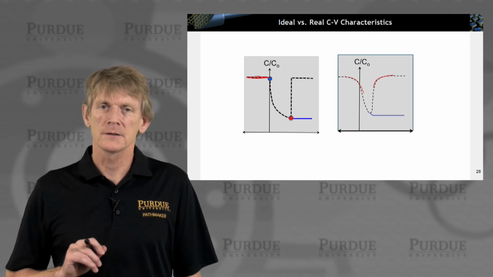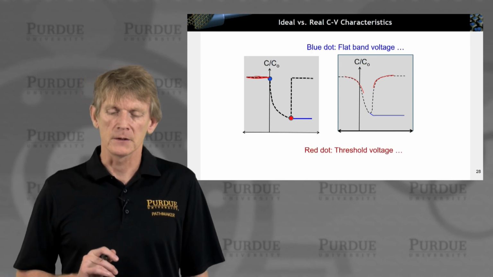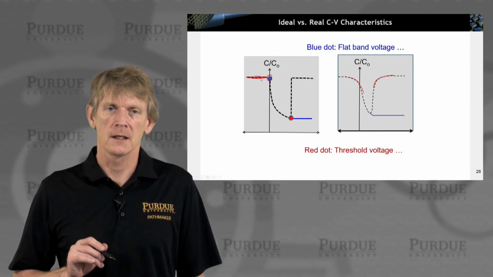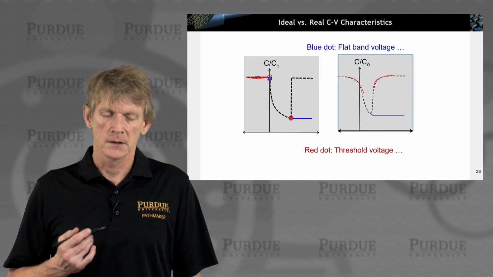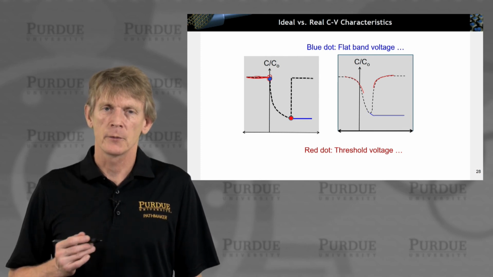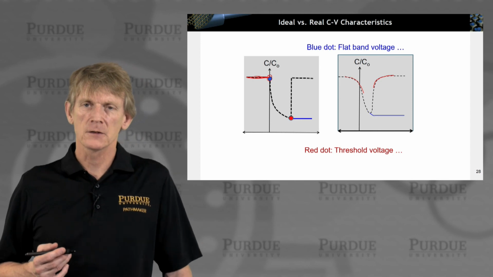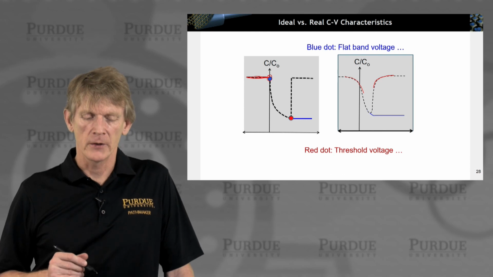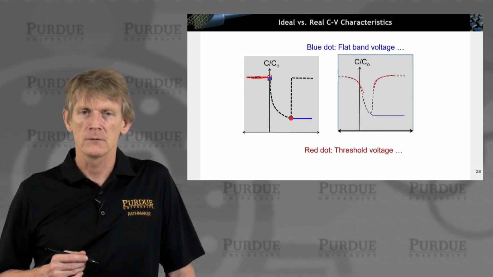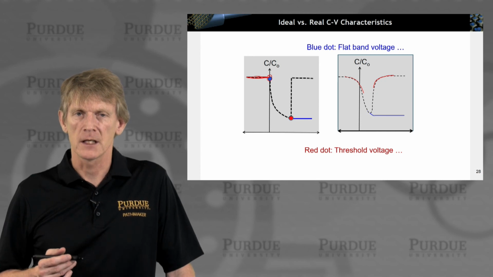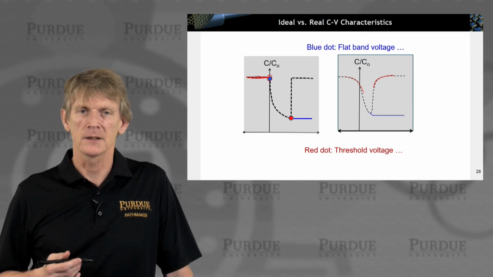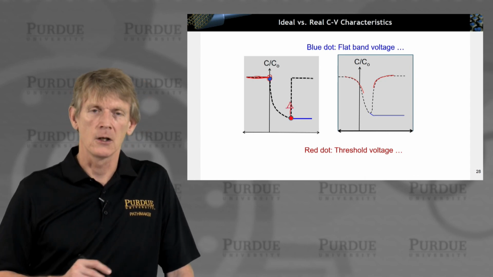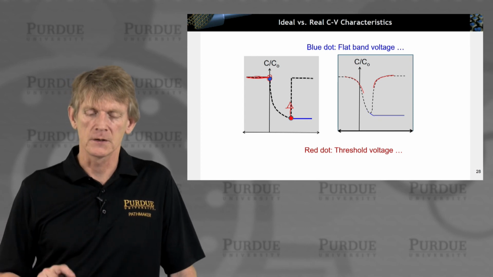And in your ideal model, you can read off two critical parameters. The blue dot indicates the flat band voltage we started to define from, where you have flat Fermi levels, flat bands. This is the shifted curve to this particular point where all the bands are flat. And in red, the red dot represents the threshold voltage at which the inversion carriers start to pile up. And you can only, as I said, see that at a low frequency response. At high frequency, the curve just continues down.